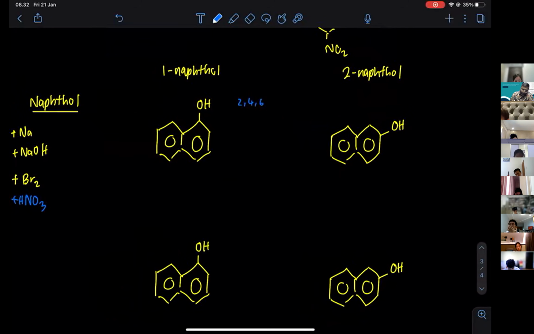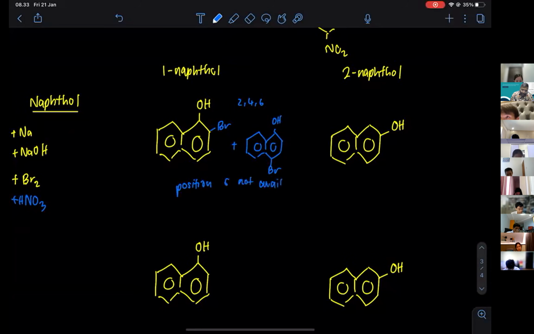So position 2, Br will come over here. You can have another molecule, it's a mixture. You will get a mixture where the Br will come over here. Position number 6 is not available.